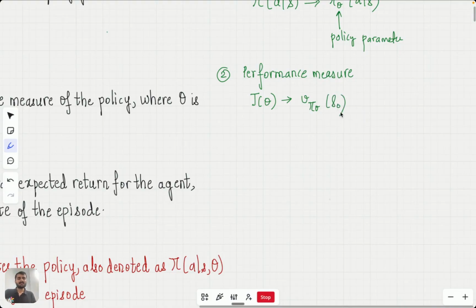This essentially means that let us look at the initial state when the agent begins, sum up all the rewards which the agent is receiving in the future, calculate the expected value of all these summed up rewards, and say that we are going to maximize this expected value and find the policy parameter which maximizes this.